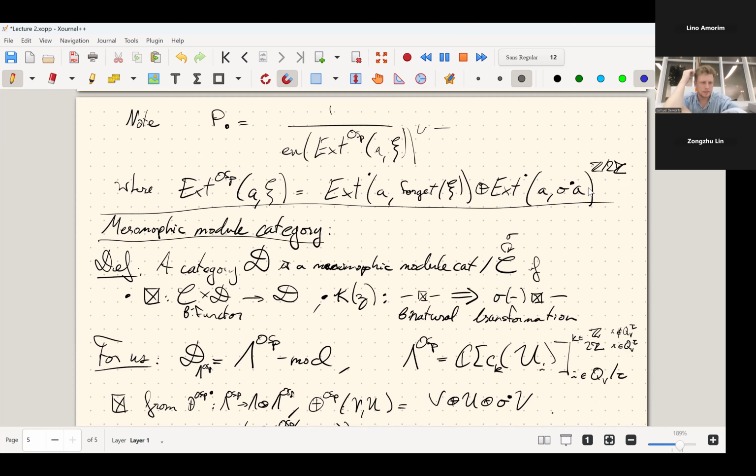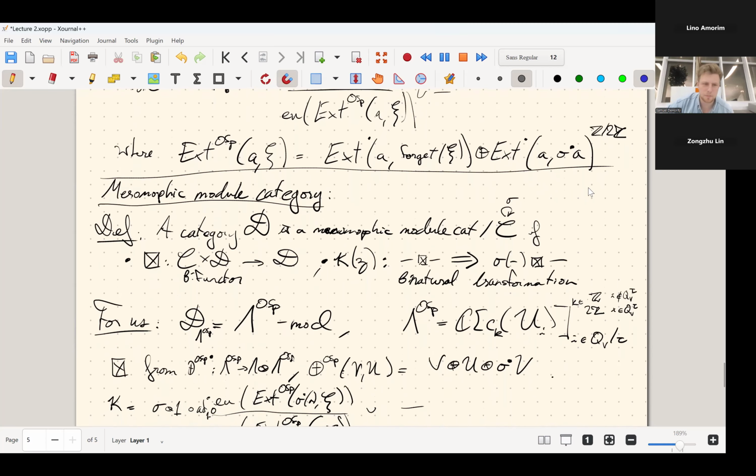So what are the structures that category has? Well, we're starting with a module category over an underlying category that also has an involution sigma.